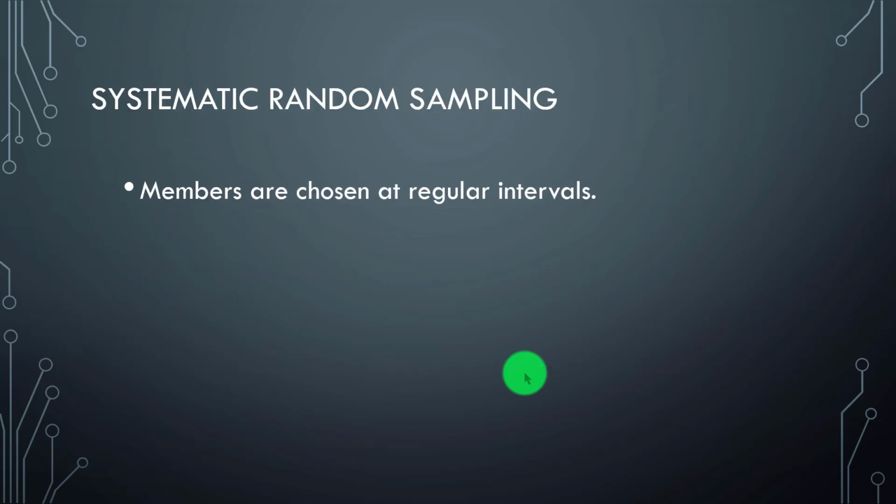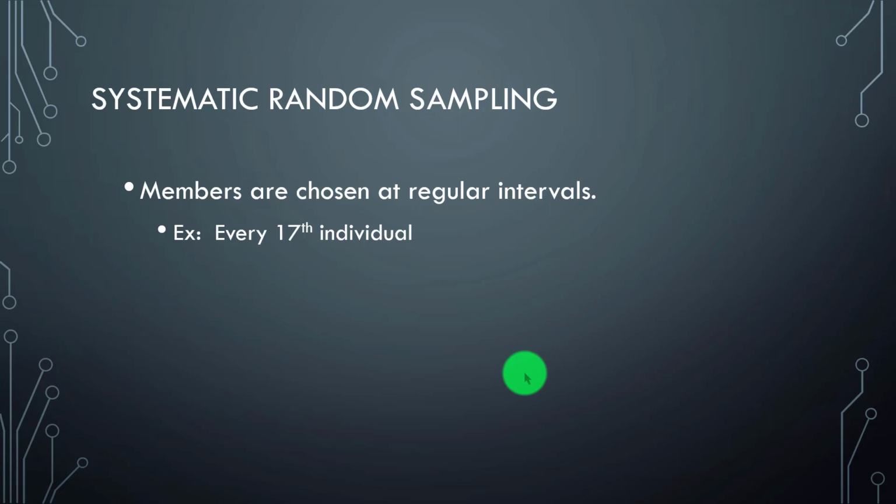For one, we've got systematic random sampling. And this is when the individuals or the members are chosen at regular intervals. For instance, maybe every 17th individual is chosen, or every 5th person is chosen.